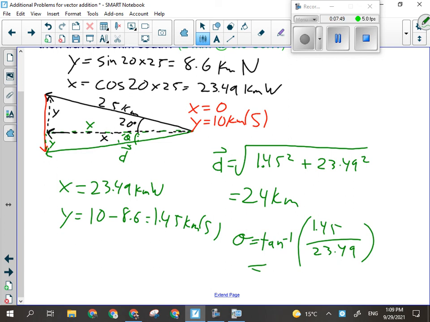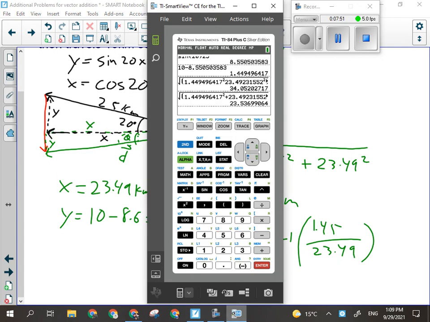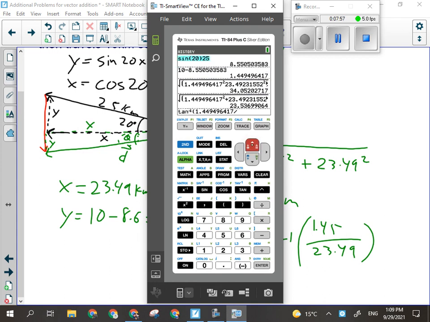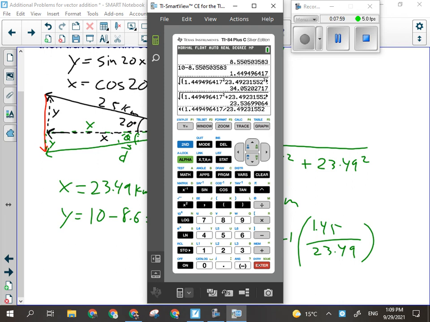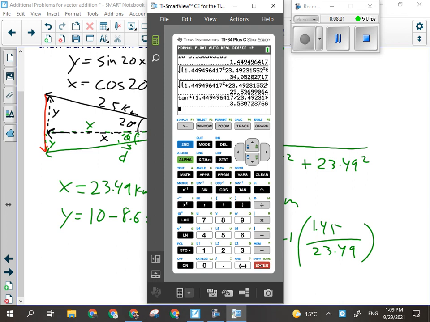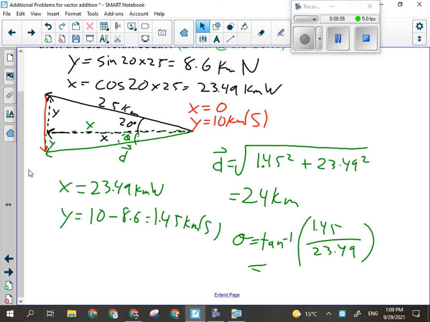That gives me 3.5 degrees, and that is south of west, because it's touching west and going south of it. Everybody all right with that one?